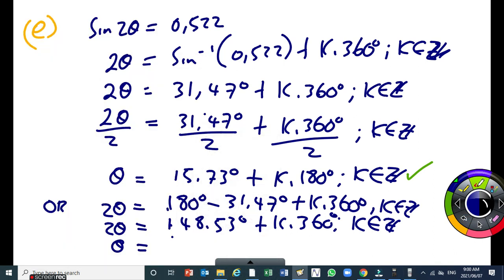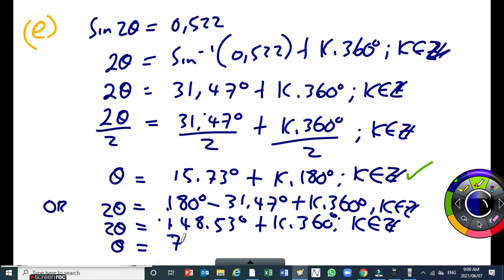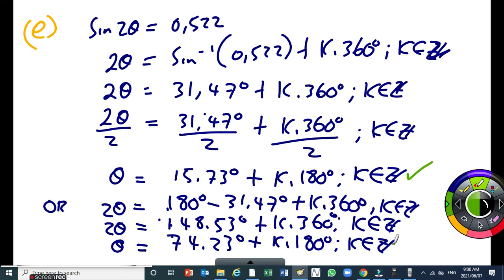But when I divide this by 2, 148.53 divided by 2, you get 74.2. So it will be 74.2 plus k times 180. Okay, that will be the second answer.